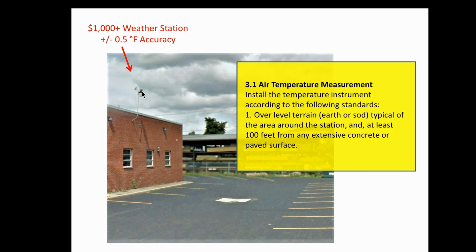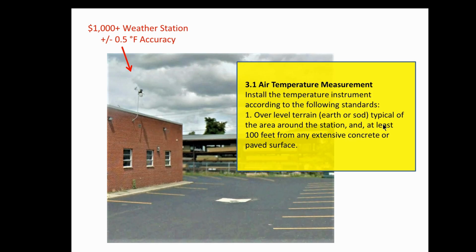I looked at the manufacturer's data on accuracy, and this is about a $1,000 weather station, very high end. According to the manufacturer, if I read it correctly, it's plus or minus 0.5 degrees accuracy for temperature measurements. You can see they've got this mounted about 15 or 20 feet from the ground, and in the ground is this big asphalt parking lot.